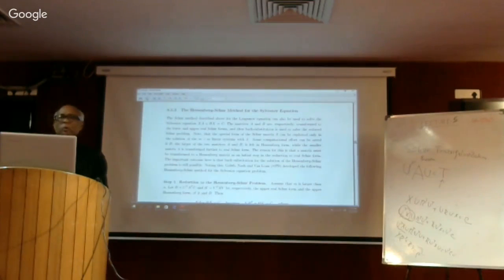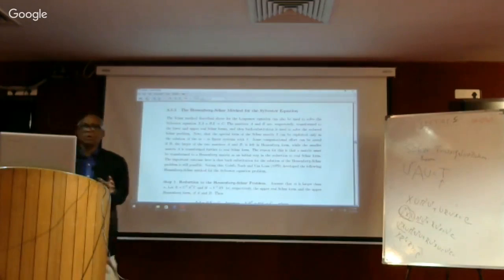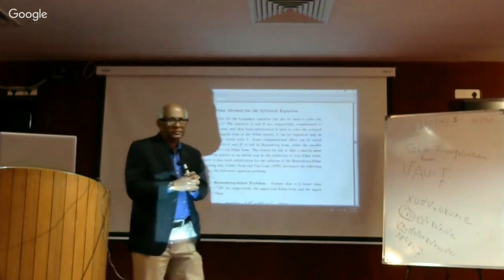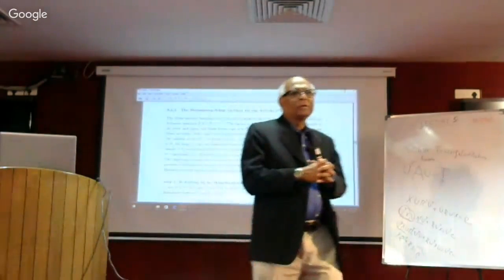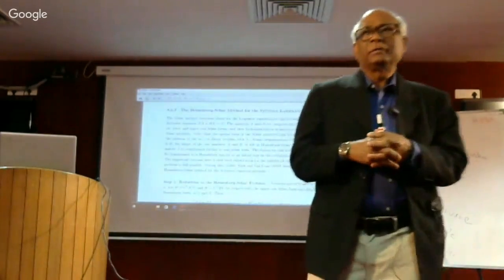So what is the relationship between Hessenberg form and the real Schur form of the matrix? The real Schur form of a matrix is obtained by means of the QR iteration algorithm. Remember that? We have to perform the QR factorization several times.